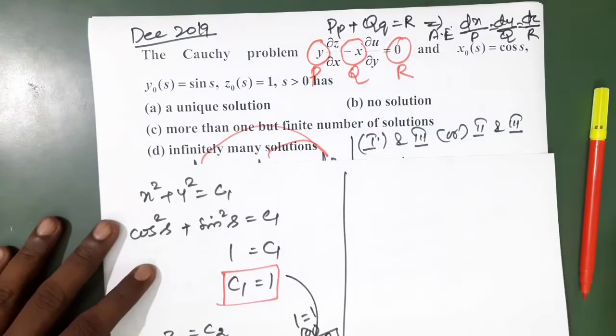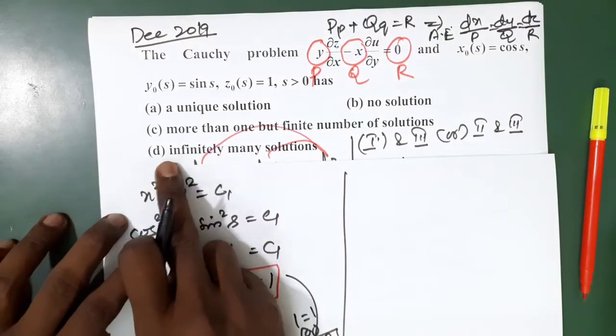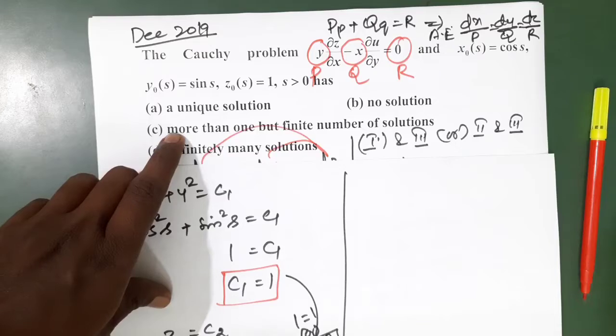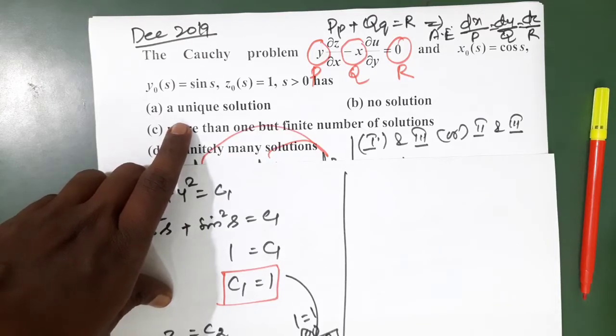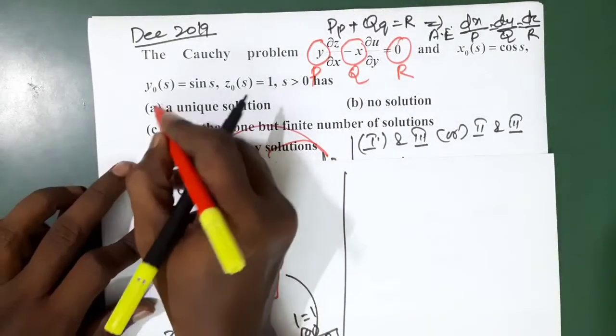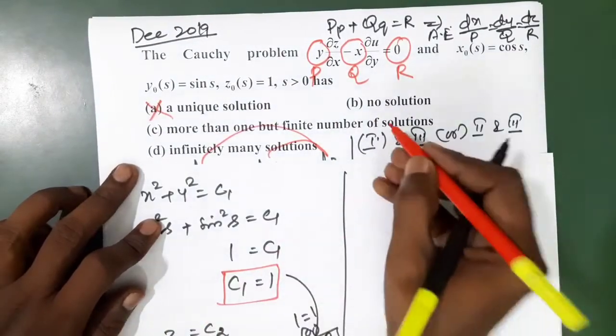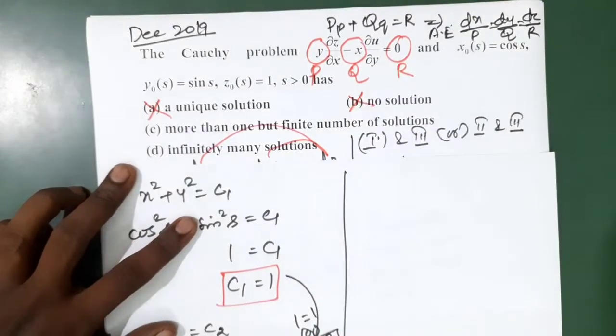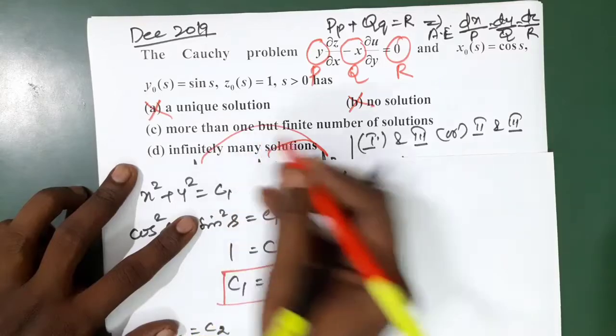So see the answer. The first one, unique solution. No, it is not a unique solution, because if n varies, the solution is different. For each n we have a solution. So this possibility is not. So no solution, but we have some solution. So this is the possibility of more than one, but finite.